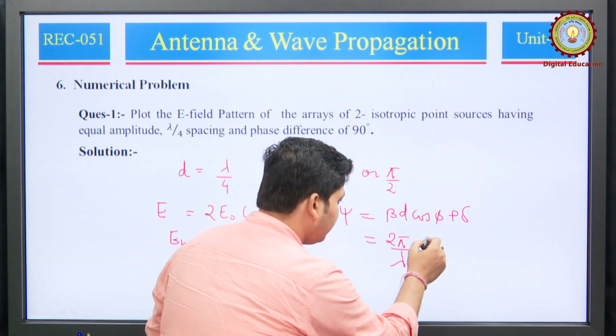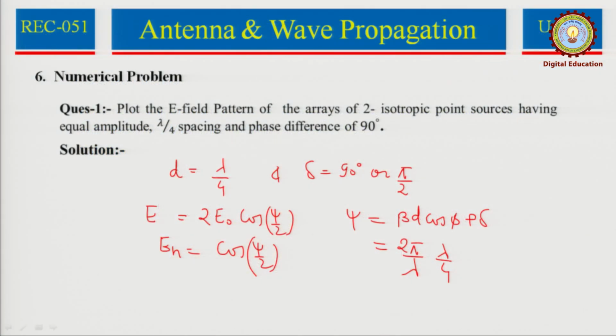So, we just simply put the values, and here pi by 2. Now, simplify this: lambda cancels lambda, 2 cancels 2. So, psi is pi by 2 plus pi by 2 cos phi, this value we have got.